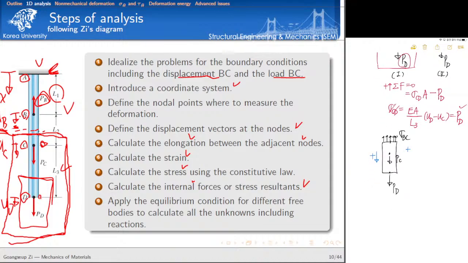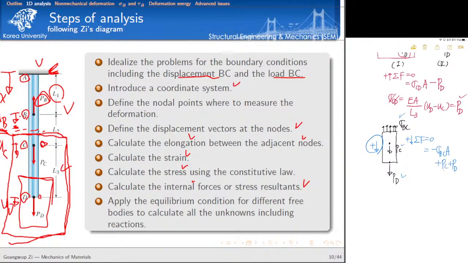So here, the sum of forces in the downward direction is equal to 0. Because this is minus, isn't it, right? The minus direction according to this. So minus sigma BC times the area plus PC plus PD is equal to 0.